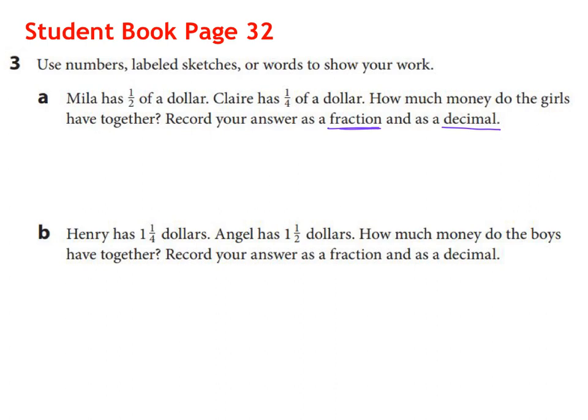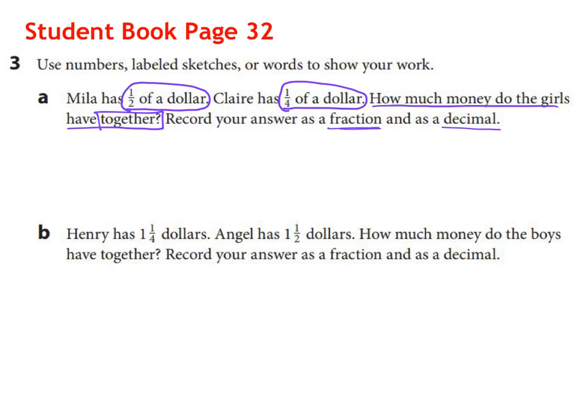Okay. Mila has half of a dollar. That's important, so I'm going to circle it. And Claire has 1/4 of a dollar. That's important, so I'm also going to circle it. The question is asking, how much money do the girls have together? Together being the key word.